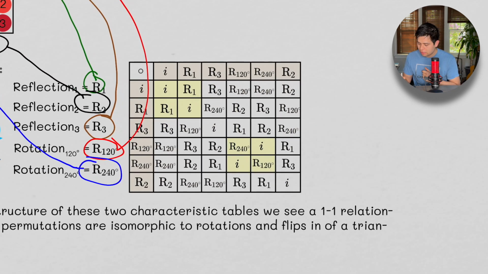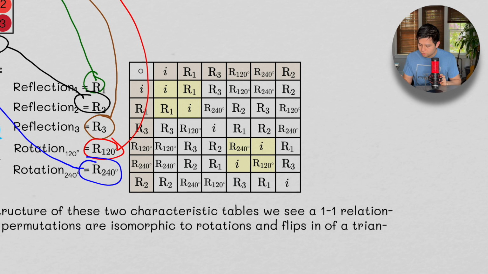Okay, now I've highlighted in yellow some of these. These are subgroups, and subgroups are going to be the topic of our next video. But subgroups, just as a teaser, they are groups. They have the identity, they have inverses, and they obey closure.